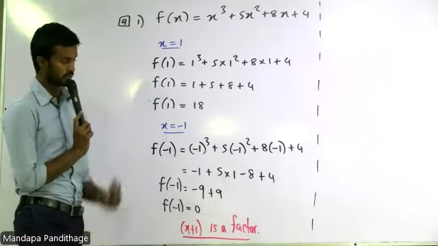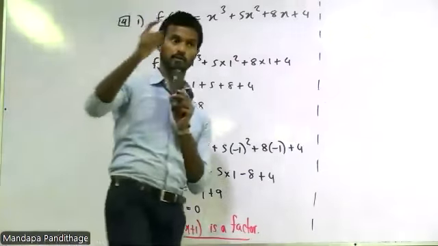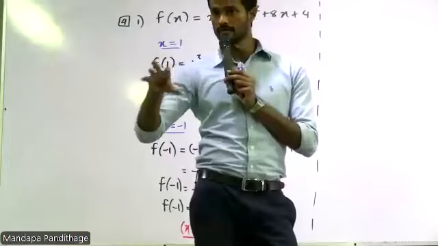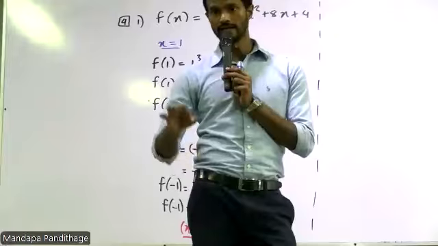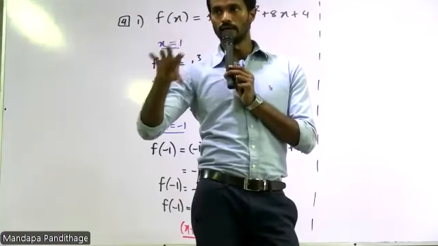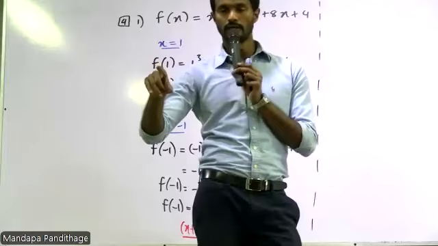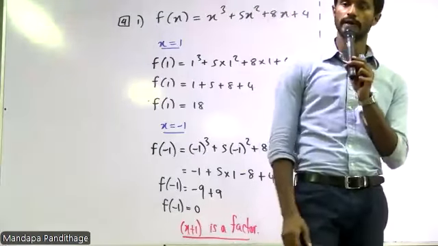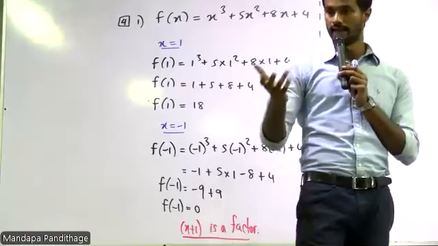Okay, now tell me this one. I'm telling you that 9 is a factor of 72. If I ask for another factor, what is the first factor that comes to your mind? It's 8.